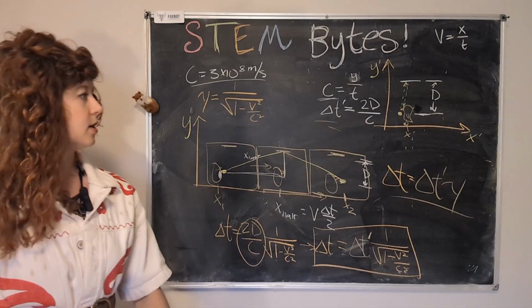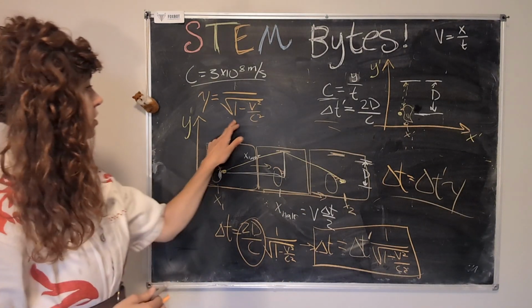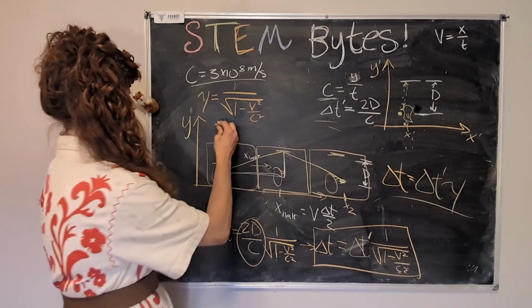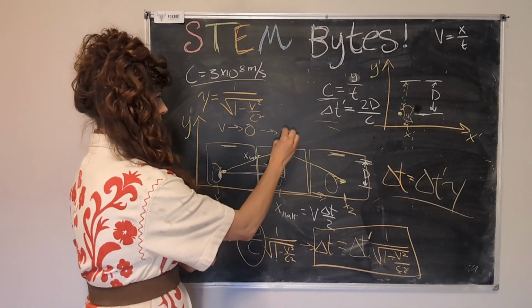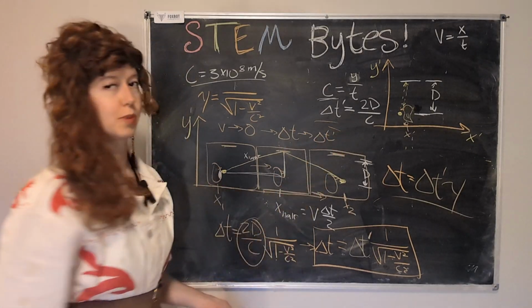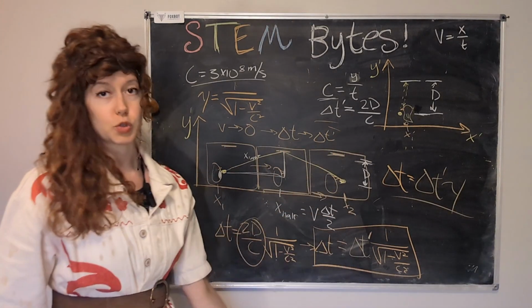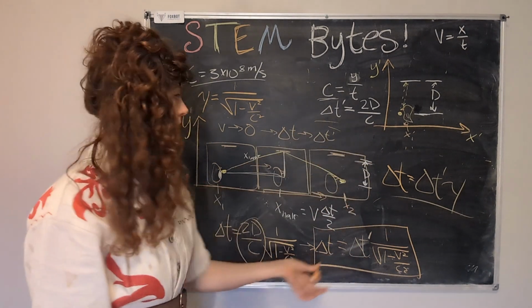One thing that is really fascinating to note is that as v goes to 0, delta t becomes the same as delta t prime, which makes sense. If you're moving and your speed stops, you're going to measure the same time interval.